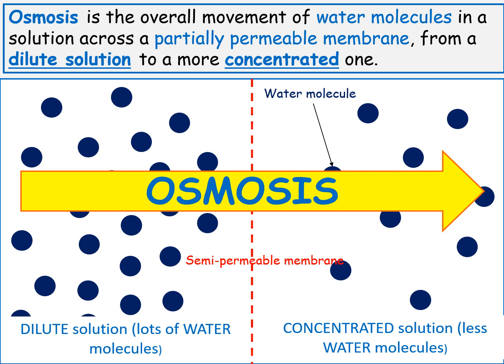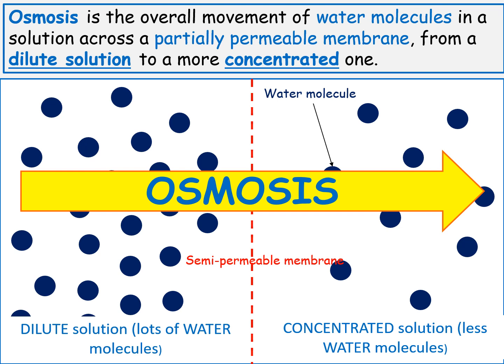And the water would move from that dilute solution to a more concentrated solution on the right hand side, because there's less water molecules there. Okay, so it's just exactly the same as diffusion, but it involves water and a partially permeable membrane moving from a high concentration to a lower concentration.